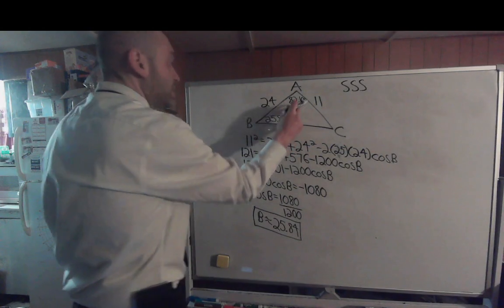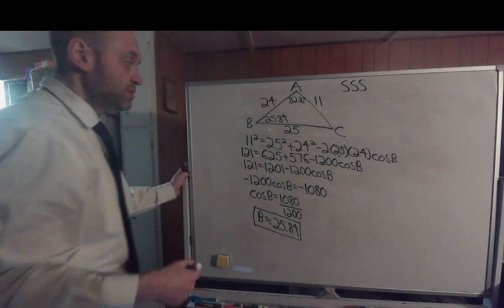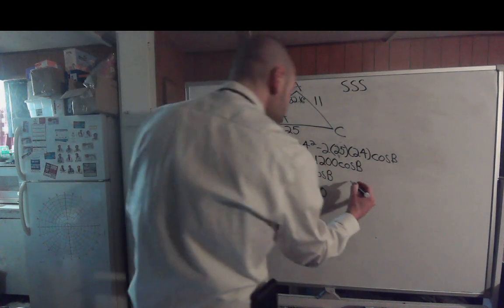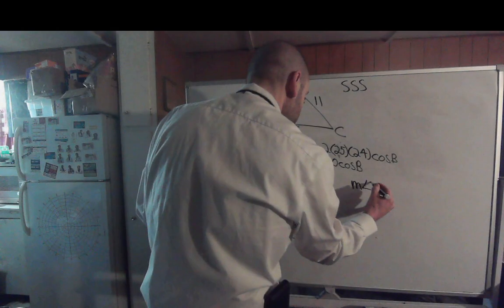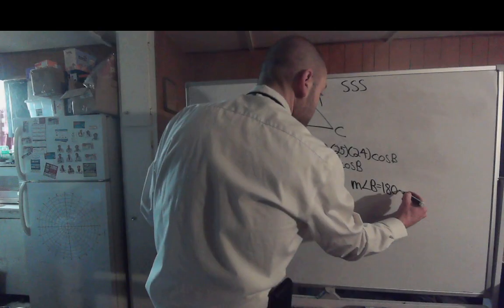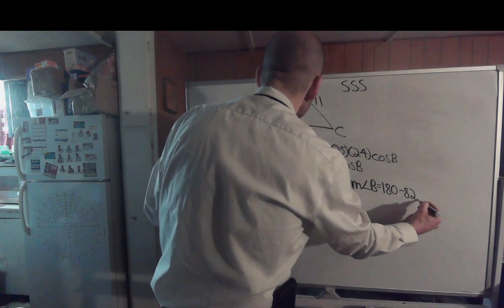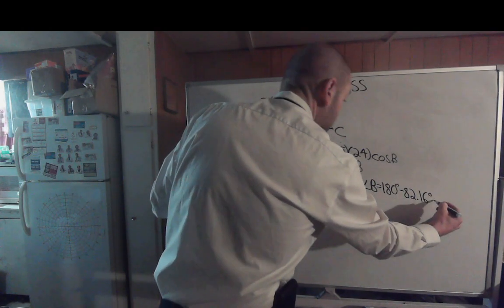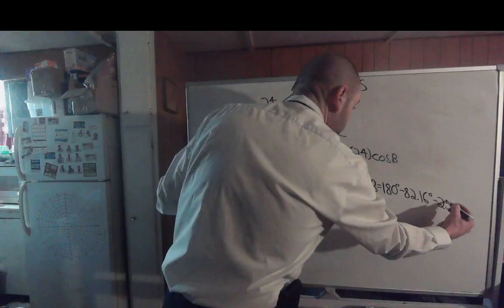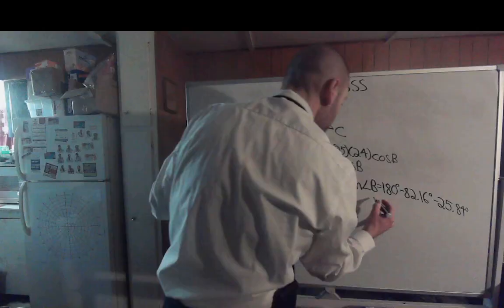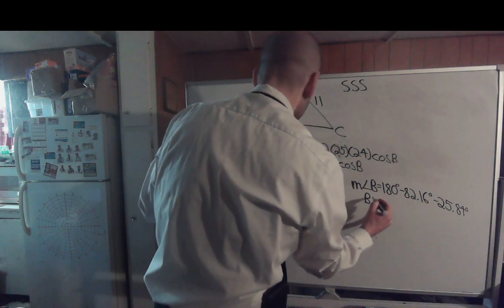Now we can just pick on angle C, but all we have to do for that is just take 180 from what we have. So that means the measure of angle C equals 180 minus 82.16 minus 25.84, which, did I say B?